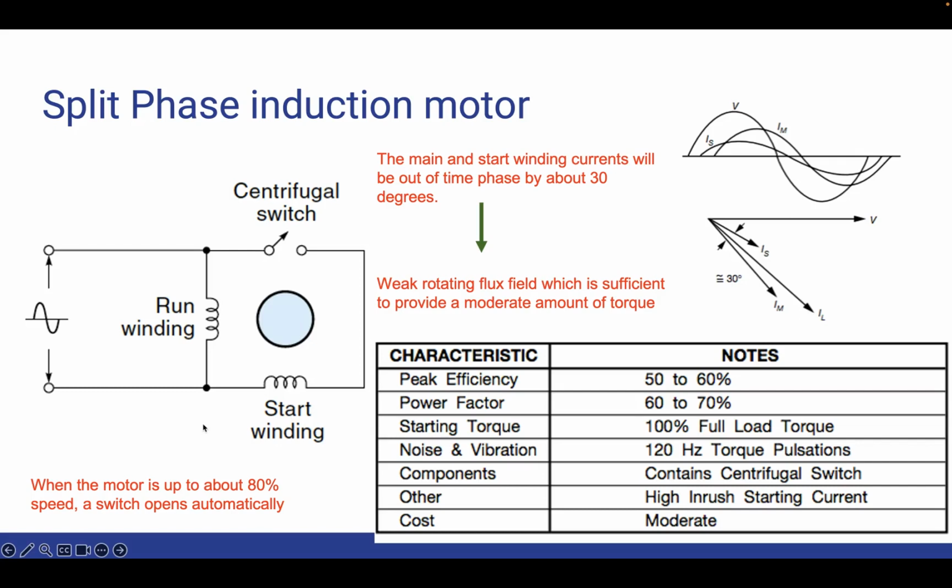So this starting method provides between 40 and 50 degrees of phase shift, which is enough to start the motor, but not enough to provide a lot of startup torque.